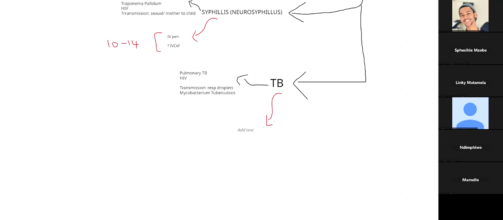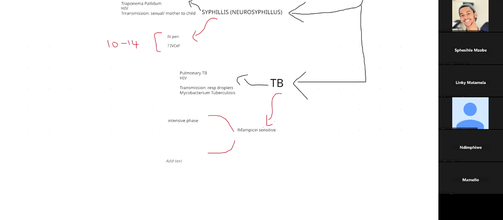Rifampicin sensitive. So you have two phases essentially, the intensive phase and the continuation phase.